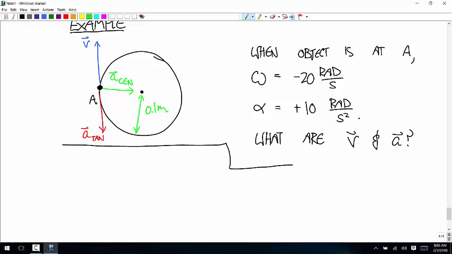Okay, so now we can use the equations to figure out what the magnitudes of those are. The speed, which is the magnitude of the velocity vector, is equal to the absolute value of omega times r. So that's 20 times 0.1, or 2 meters per second.